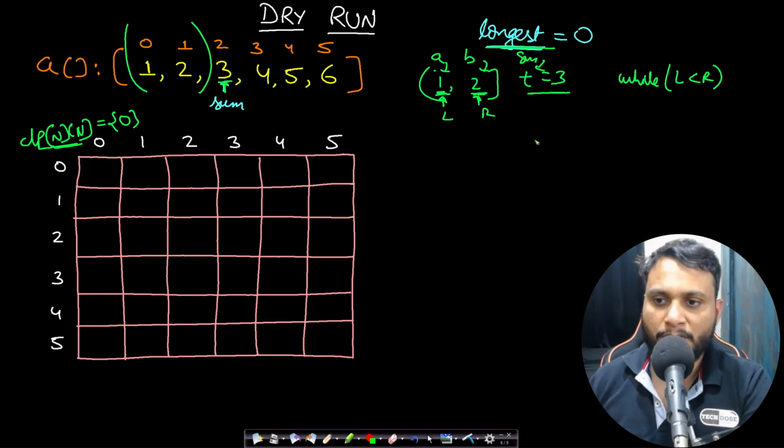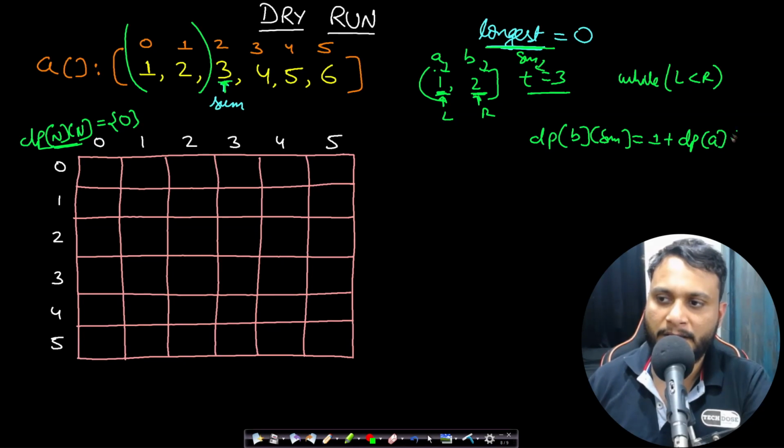Now if you remember what we had learned, dp at b comma sum will be equal to 1 plus dp at a comma b. That means if we are ending my Fibonacci chain at sum, and if the previous item is b, then this can be written as 1 plus dp at a comma b, because we know that a plus b is equal to sum. So this is following the constraint, right?